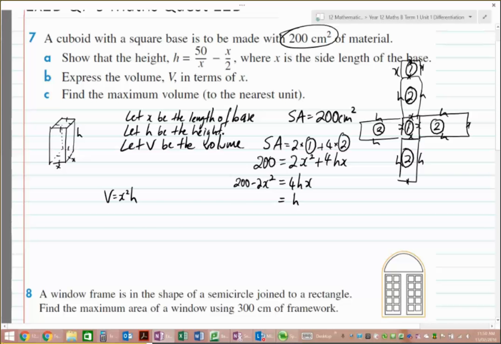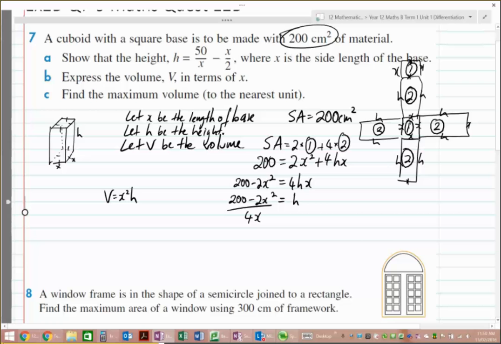So h equals 200 minus 2x squared all over 4x. I'll probably leave it like this to substitute in, dividing by 4x to get h by itself.